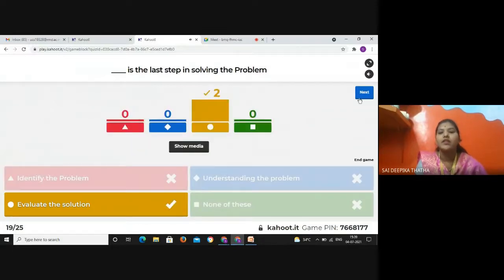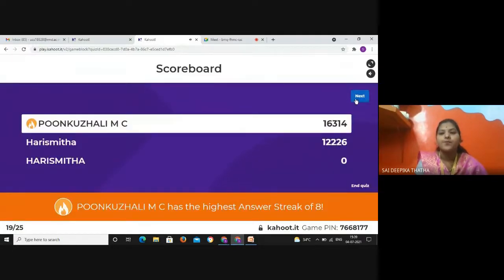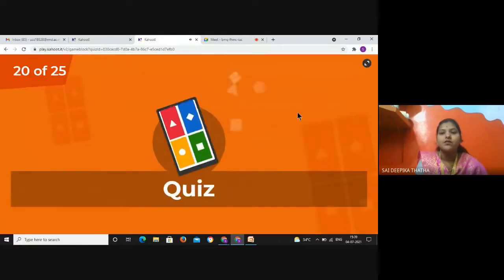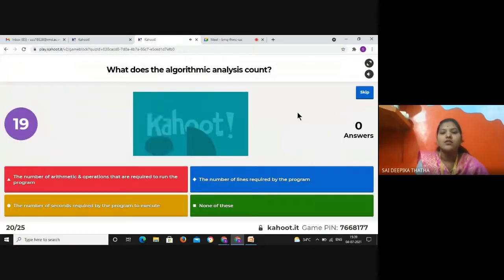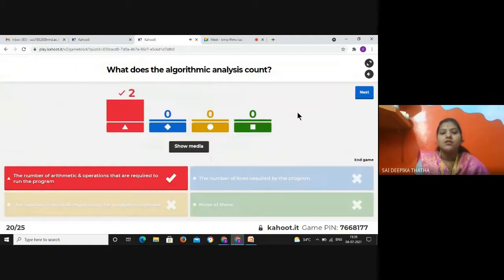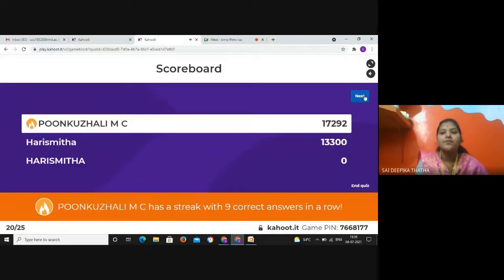Good. Evaluate the solution. What does the algorithmic analysis count? It's like simply definition. What it tells. Yes, the number of arithmetic operations that are required to run the program.